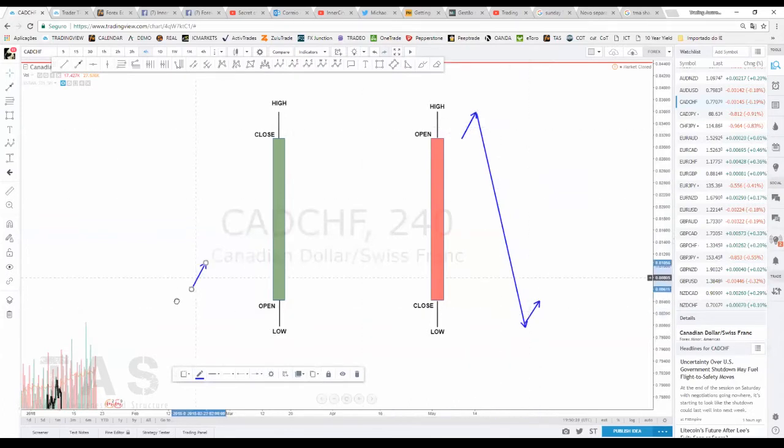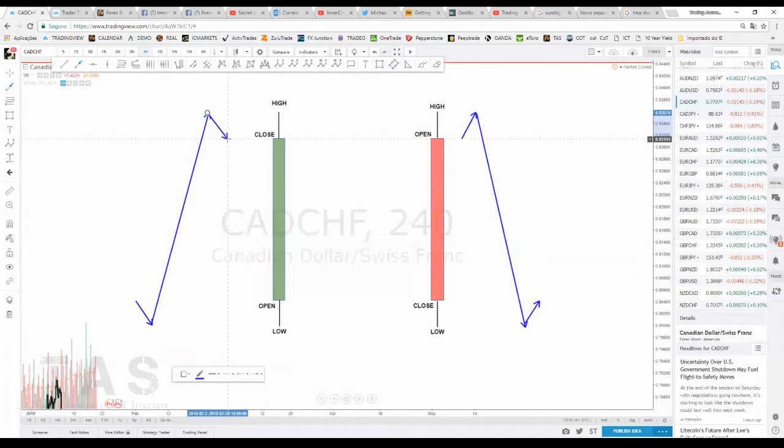The same thing would happen here. You'd have the open. It would do a low, then it would do a high, and it would do a close. Close, right? Okay?